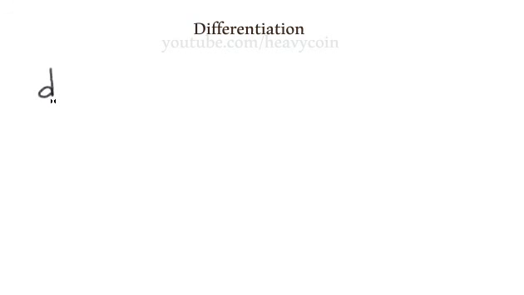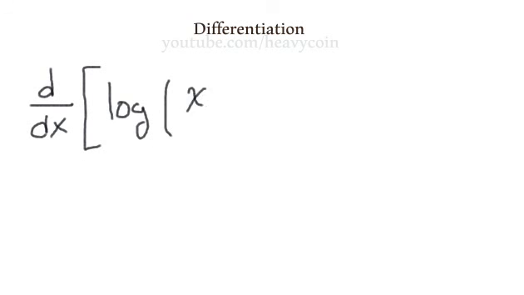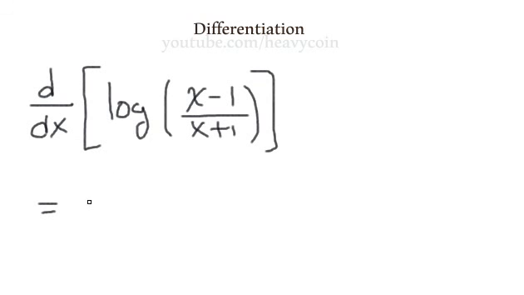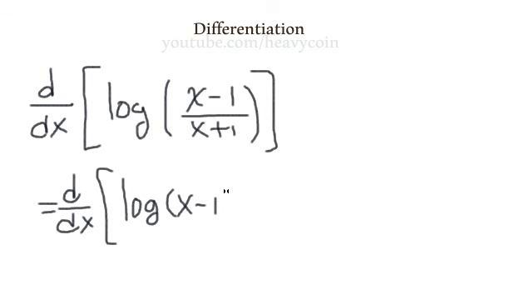Let's see, we got d over dx, and this time we're going to have the log of x minus 1 over x plus 1. So guess what? We're going to have to expand this thing first. Okay, we want to expand it. So in other words, I'm going to go ahead and write this notation here. This is going to be log of x minus 1 minus log of x plus 1, because it's divided by, however you want to say that.